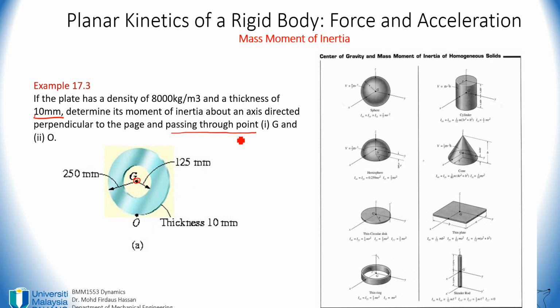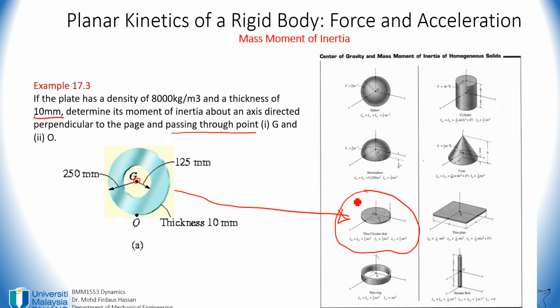All right. So if you refer to the table of mass moment of inertia, this rigid body is similar to the thin circular plate, so everything can be found from this mass moment of inertia.